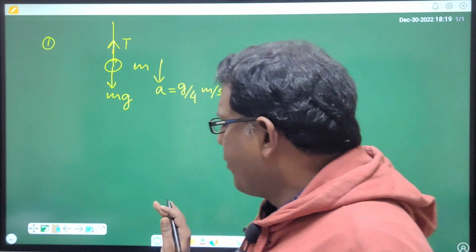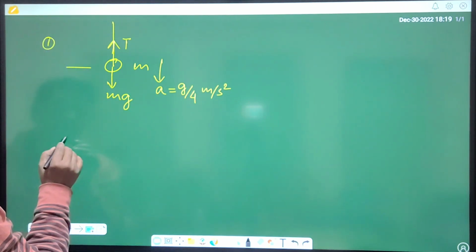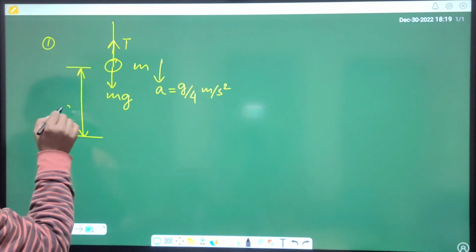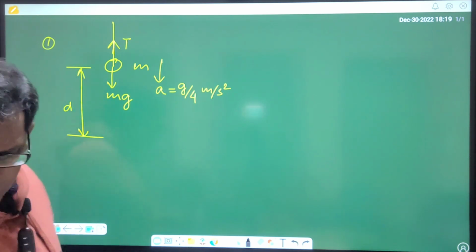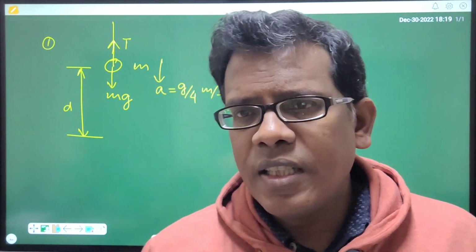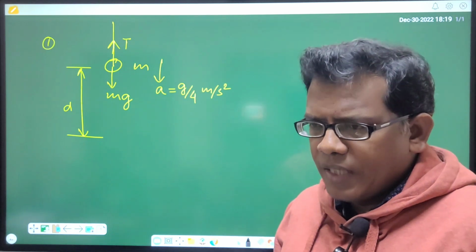So if it is following this mechanism, and then if you think that this is lowered downward through a distance d, then what will be the work done by the tension in the string? Now we have to calculate the work done by the tension in the string.